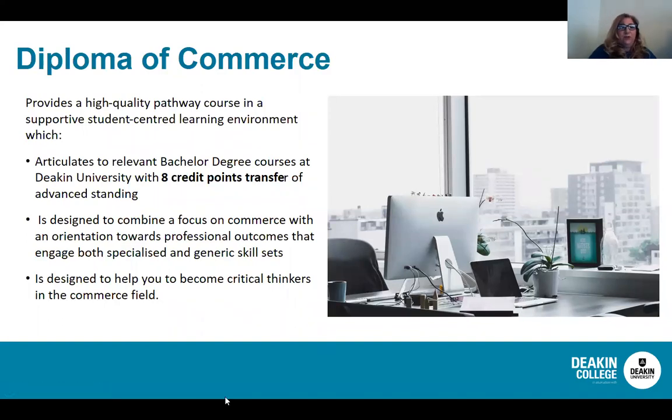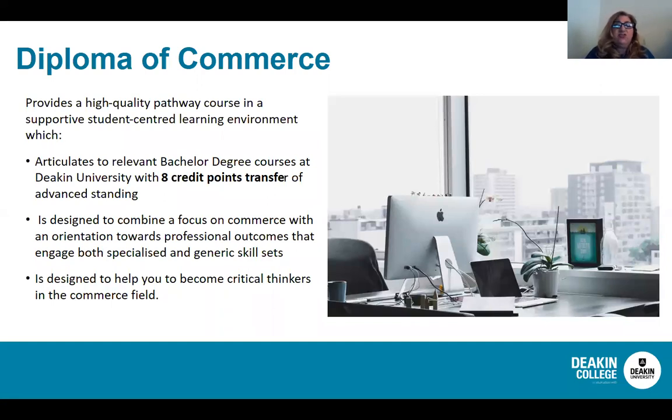So the Diploma of Commerce is a pathway course taught in a very supportive, student-centered learning environment. In order to complete the diploma, you need to undertake and pass 8 units, and each unit equates to 1 credit point.